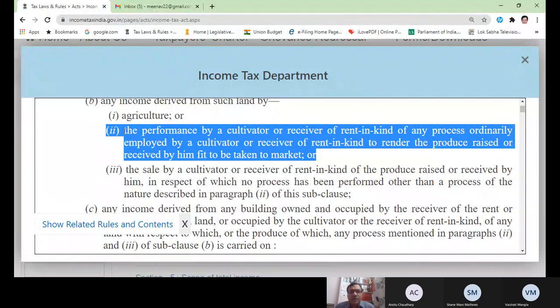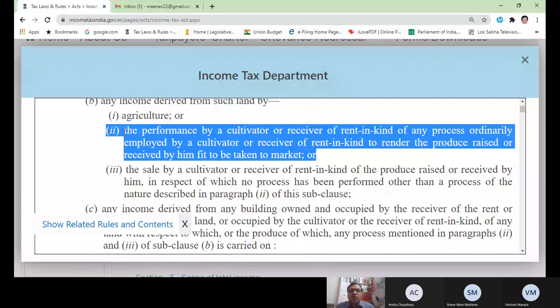So the person with that machine who earns income also does not need to pay any tax to the government, because that is also known as agricultural income. So the scope of agricultural income is very huge. To make sure that most of the people who are involved in the work of providing food grains to the nation, their income is made tax free. So that is also tax free income.